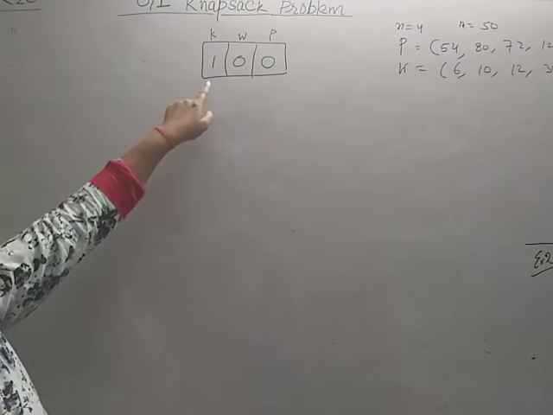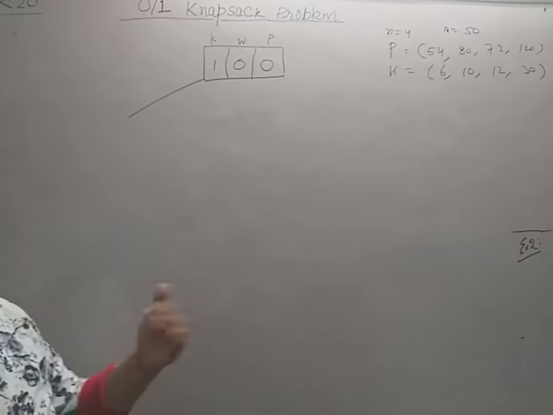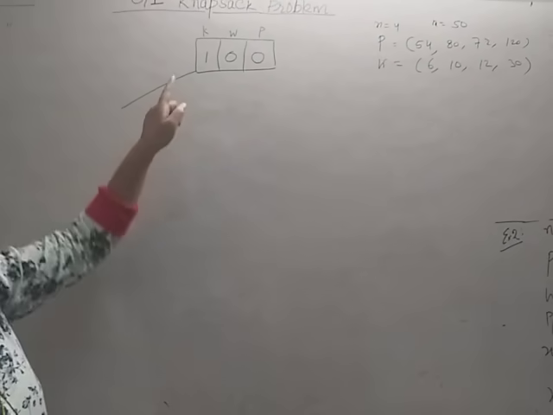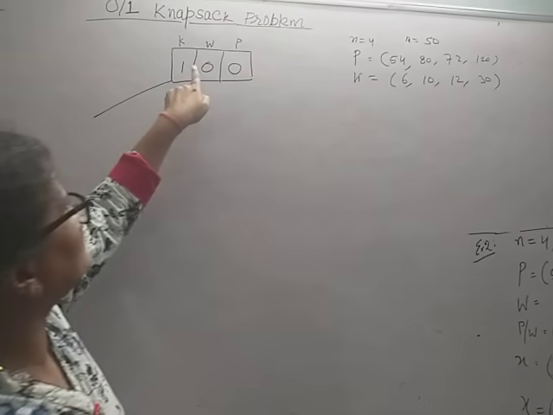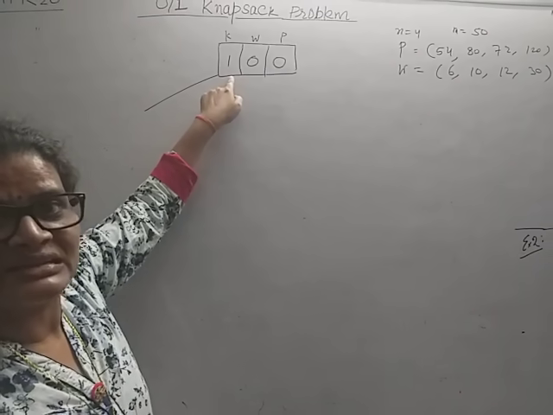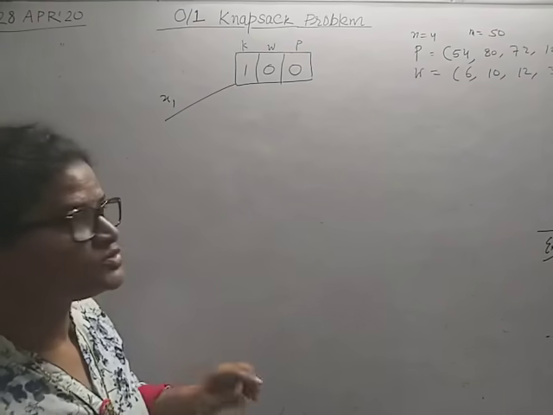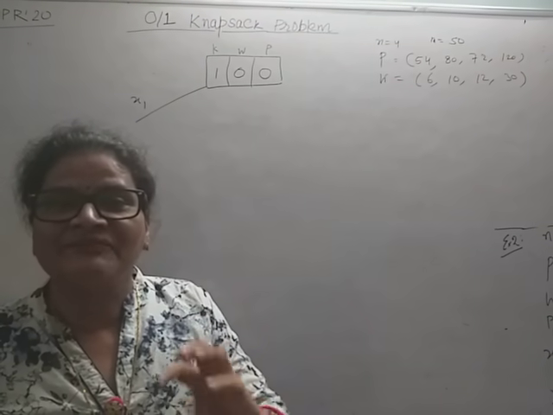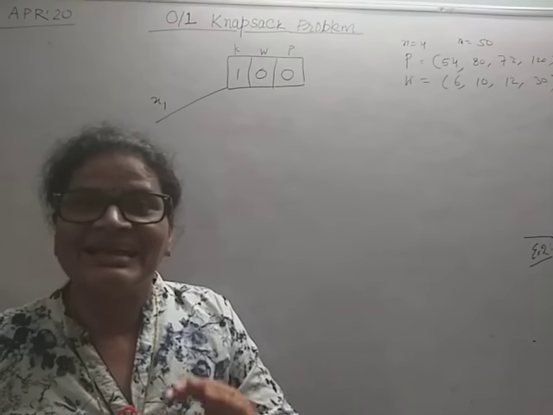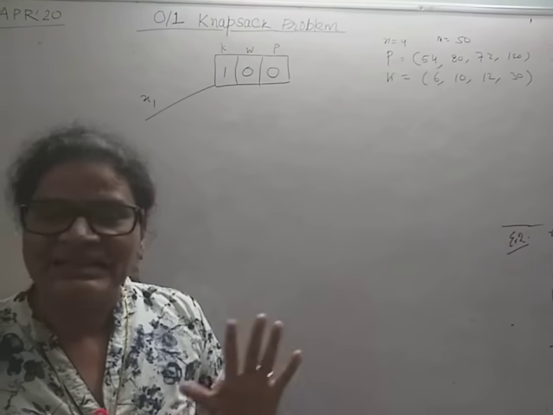For the left branch, the criterion is that I check the weight of the kth object, here x1. One condition is sufficient: the weight of the kth object must be less than or equal to the knapsack capacity.